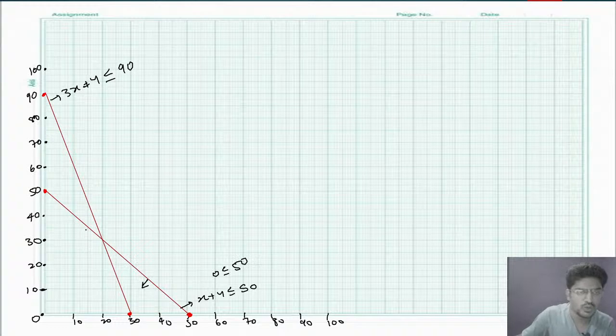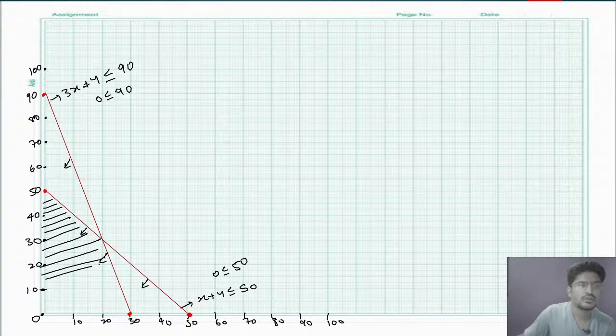This is true. Put 0 is lesser than or equal to 90. It is true. So now this is going to be the feasible region, and only one corner point you have to find.